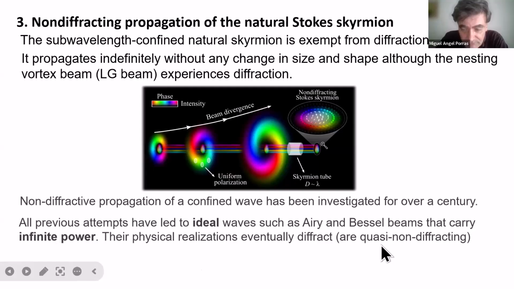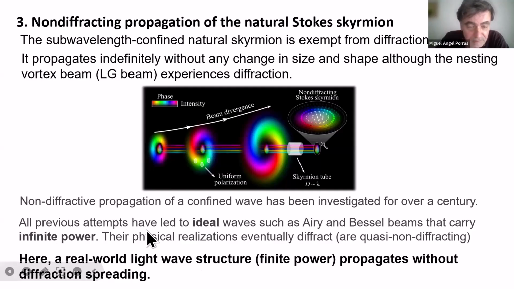So they can be called quasi-non-diffracting or pseudo-non-diffracting beams. Here is another perspective. It's quite different, but of course, we have found a real-world light wave structure that doesn't involve issues with infinite power and that propagates without spreading, propagation invariant. It's a propagating light structure.